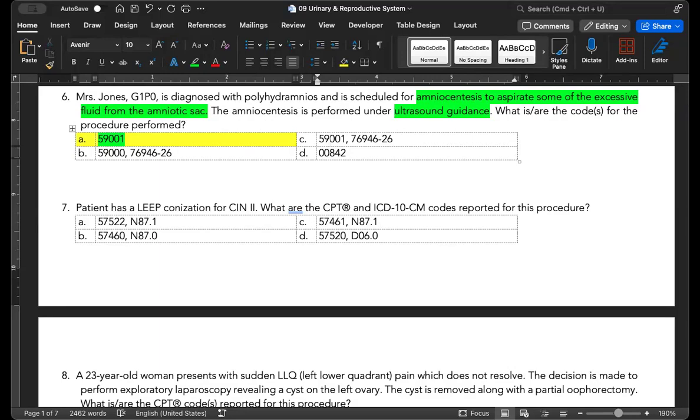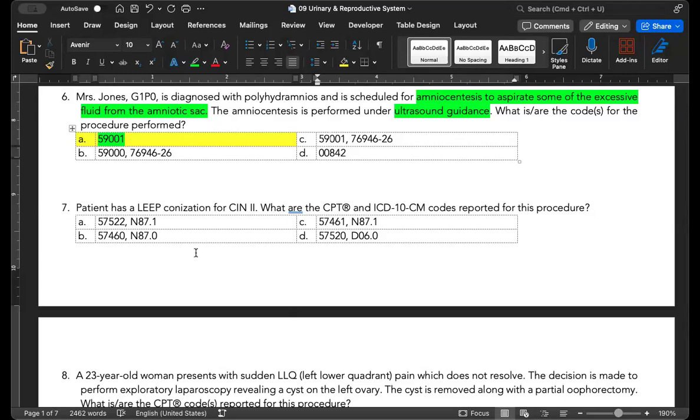Okay, let's do ICD-10. I would find options that have something in common, so we can either confirm or rule out.